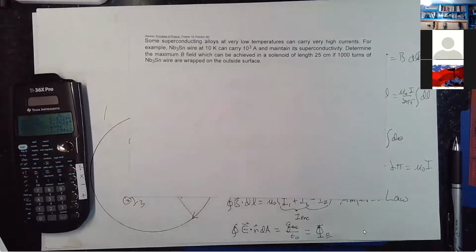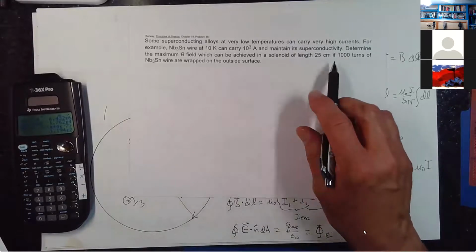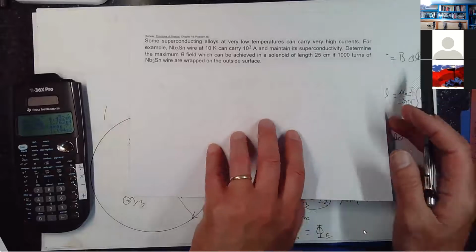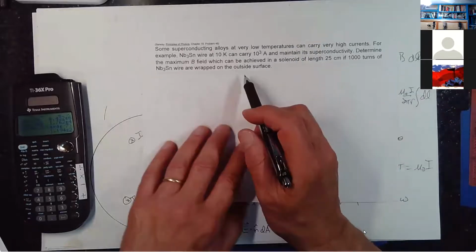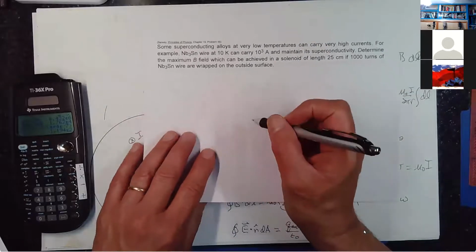But it can carry, at 10 Kelvin, 10 to the third amps and maintain its superconductivity. So determine the maximum B field which can be achieved in a solenoid of length 25 centimeters if 1,000 turns of that kind of wire are wrapped on the outside surface.